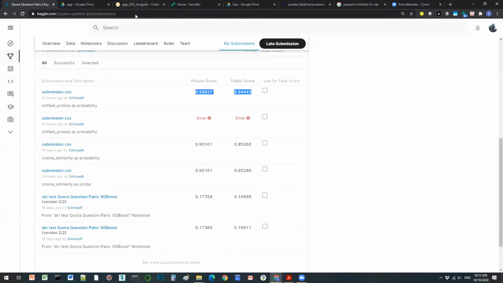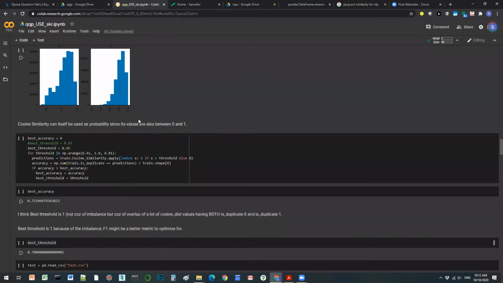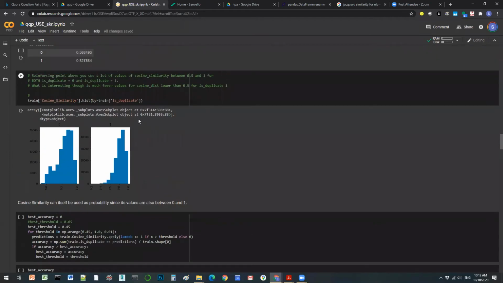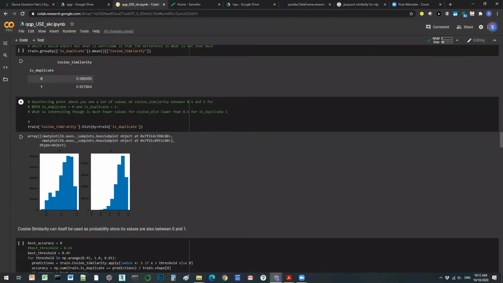So one of the things, and I'd like all of you to weigh in on my thoughts and see whether it makes any sense to you guys. One of the things that Gautam has also done in his original notebook was plot the histogram of the data with respect to cosine similarity.